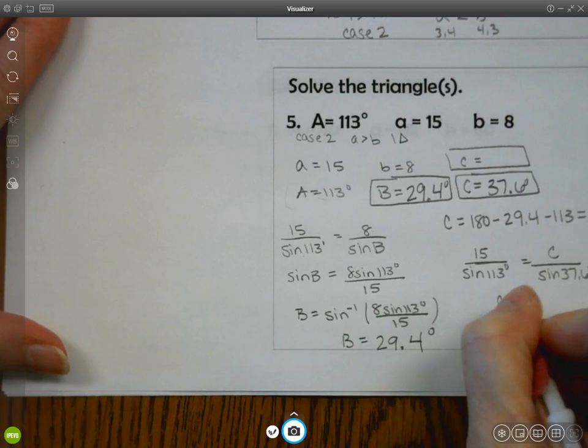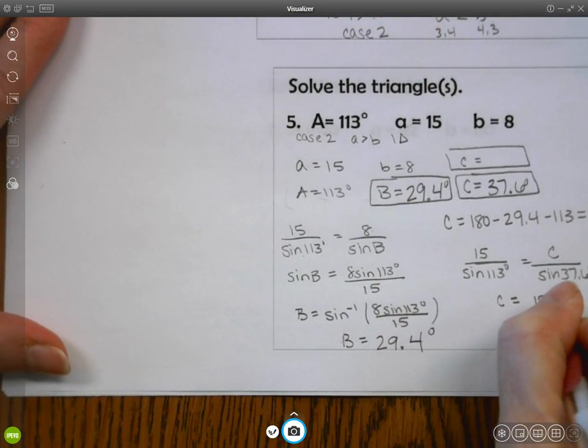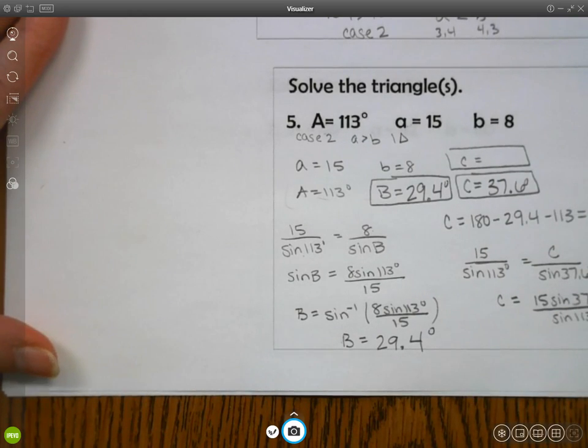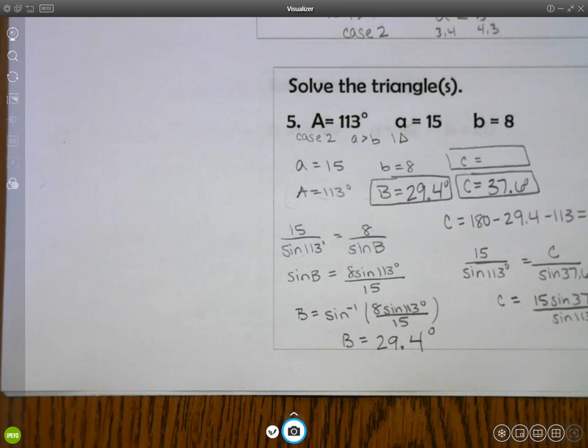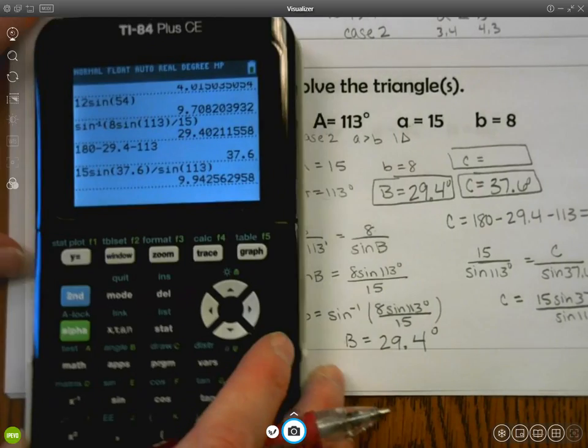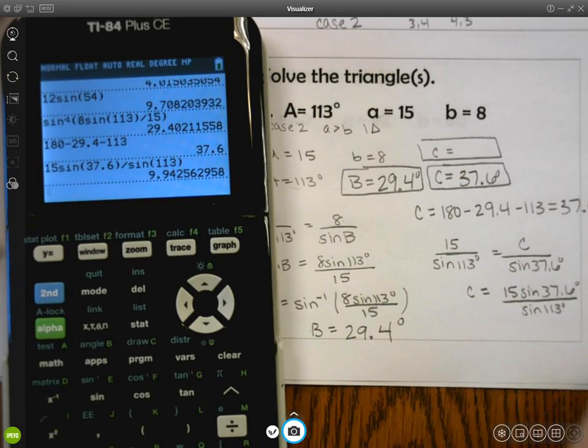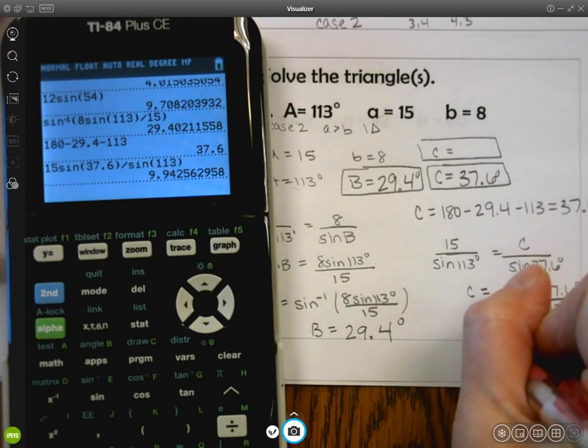We can just say side C is equal to 15 sine 37.6 divided by sine of 113. I'll put that on my calculator, and I come up with 9.9.